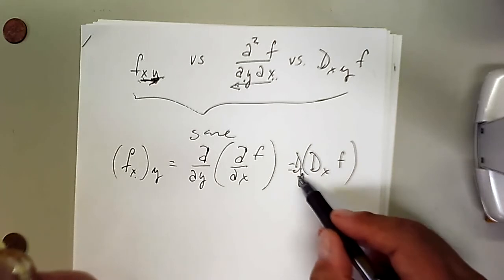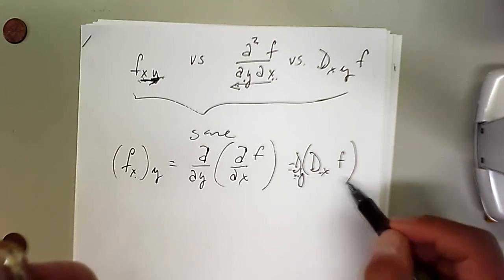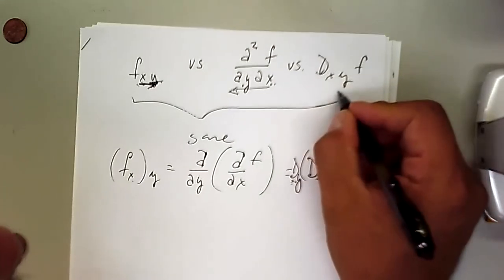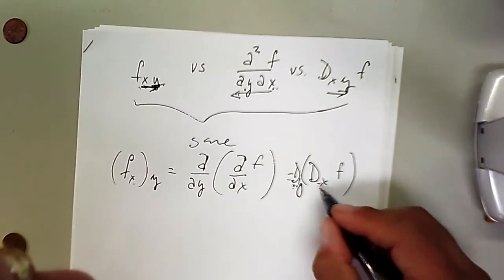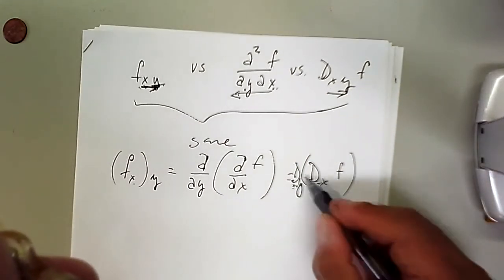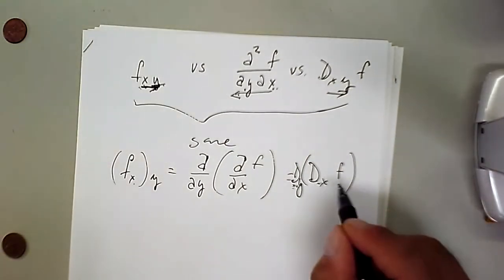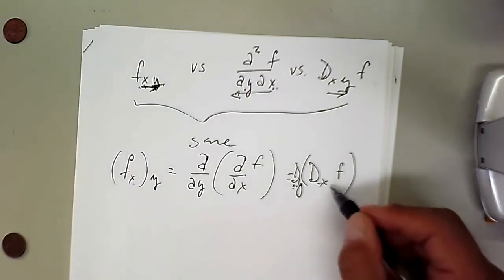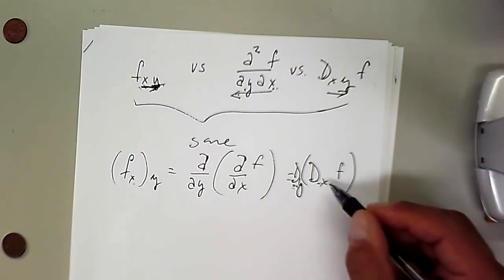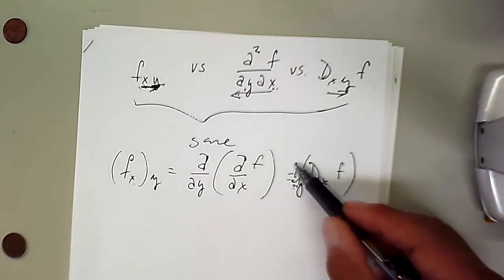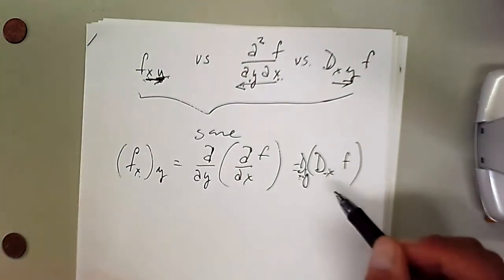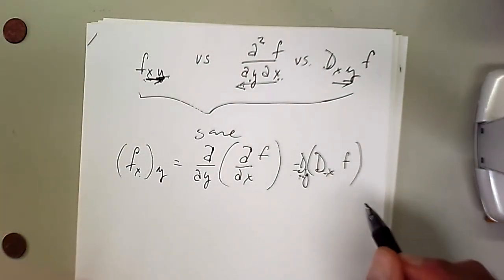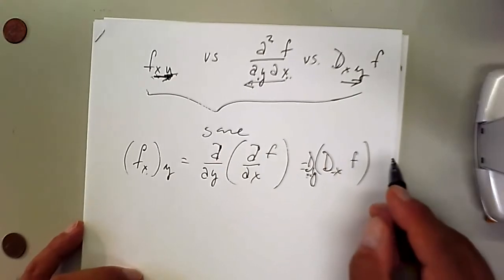Because those are two d's, we're going to assume that dxy means that direction. But if you have the d's in this order, then things may be different. At some point, it will make a difference whether you do these in one order versus the other order. It can make a difference in some scenarios.